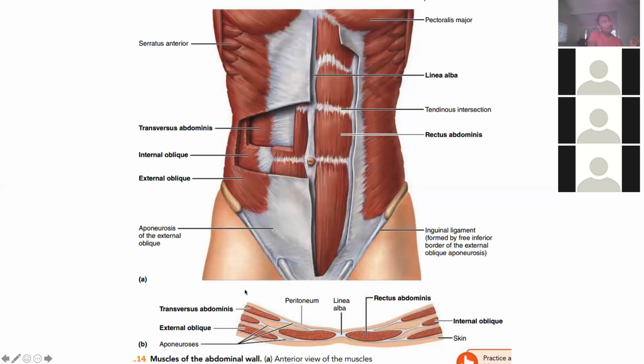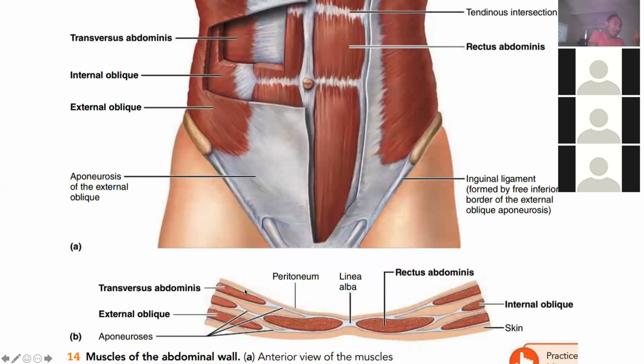If we get a little bit closer, the external oblique and internal oblique muscles near the center become aponeurosis. The external oblique fuses with the anterior layer of the internal oblique, and the transversus abdominis fuses with the posterior layer of the internal oblique.